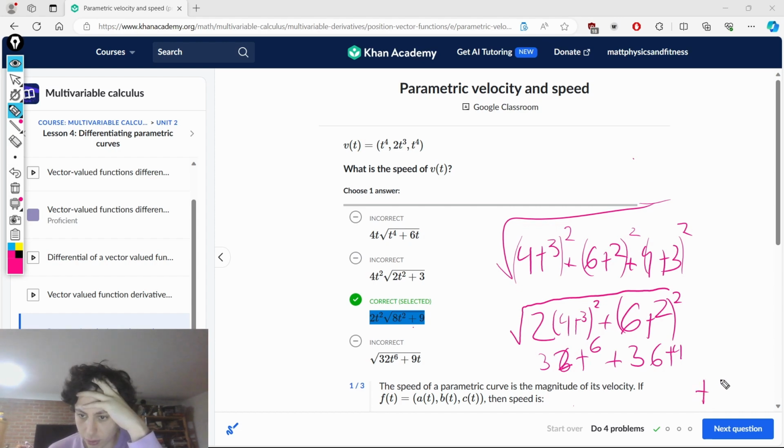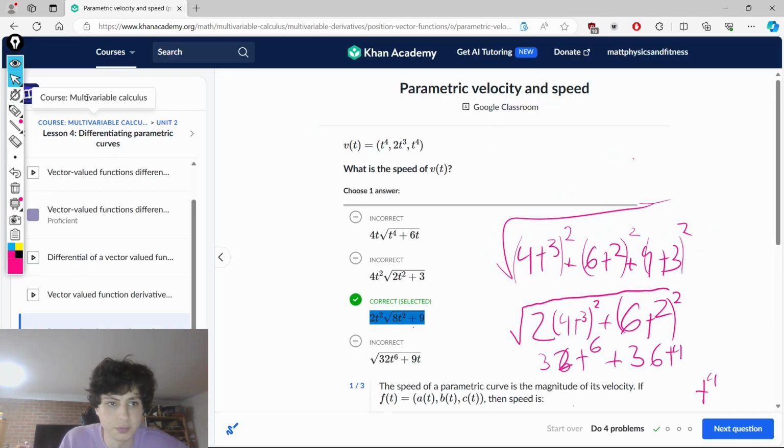You can bring out a t to the 4th. And you can only bring out a 4. Wow, that's crazy. And that's going to be 8. Okay, cool. You do add them in quadrature. Take the derivative, add them in quadrature. Makes sense. Because it's just a speed, so you're just taking the absolute value, the hypotenuse. Okay, cool.